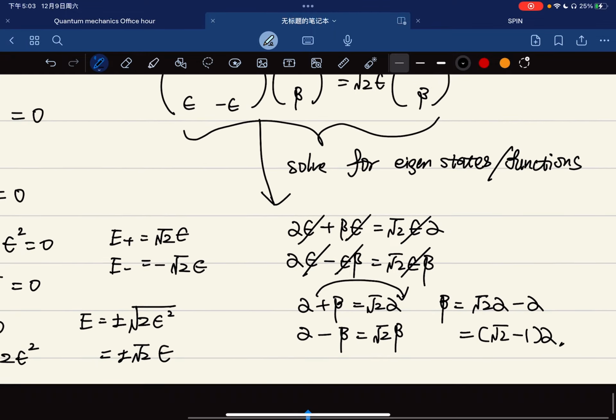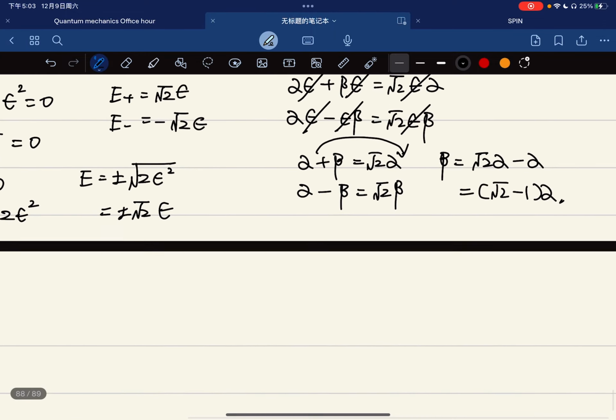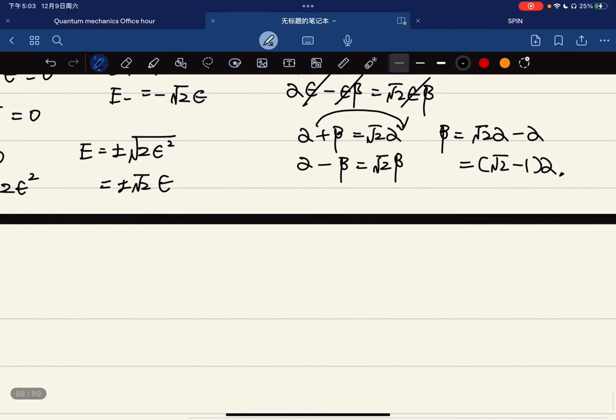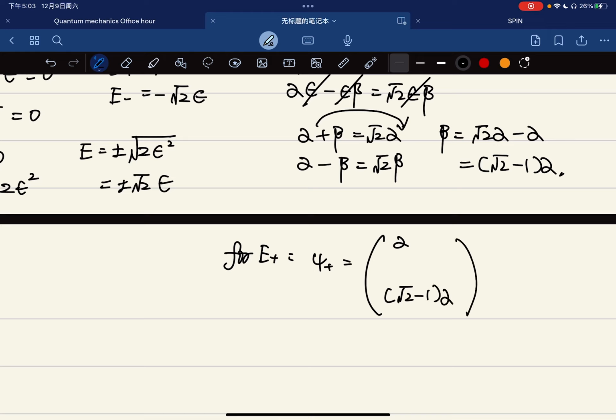So now I already have my eigenfunctions, which would be for e plus, the eigenfunction would be alpha and square root of 2 minus 1 alpha. Because this is just beta, and I substitute the beta into this equation, so I have this.